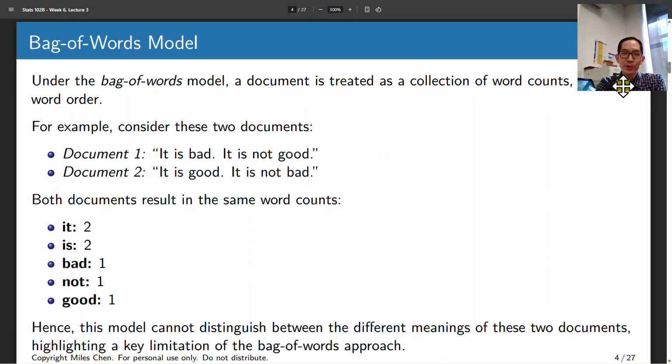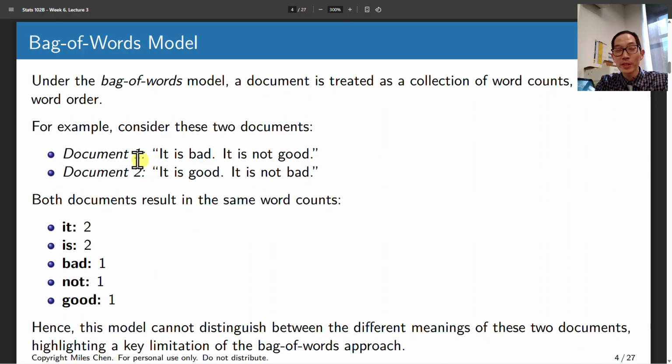There's no order. So there are some major limitations. Here I have two documents with completely opposite meanings. This one says, it is bad, it is not good. Maybe we're talking about a movie. And someone else's document, about as simple as documents can be, says, it is good, it is not bad. But when you do the bag of words model, you just ask how many times each word appeared. So it appears twice, is appears twice, bad appears once, not appears once, good appears once.